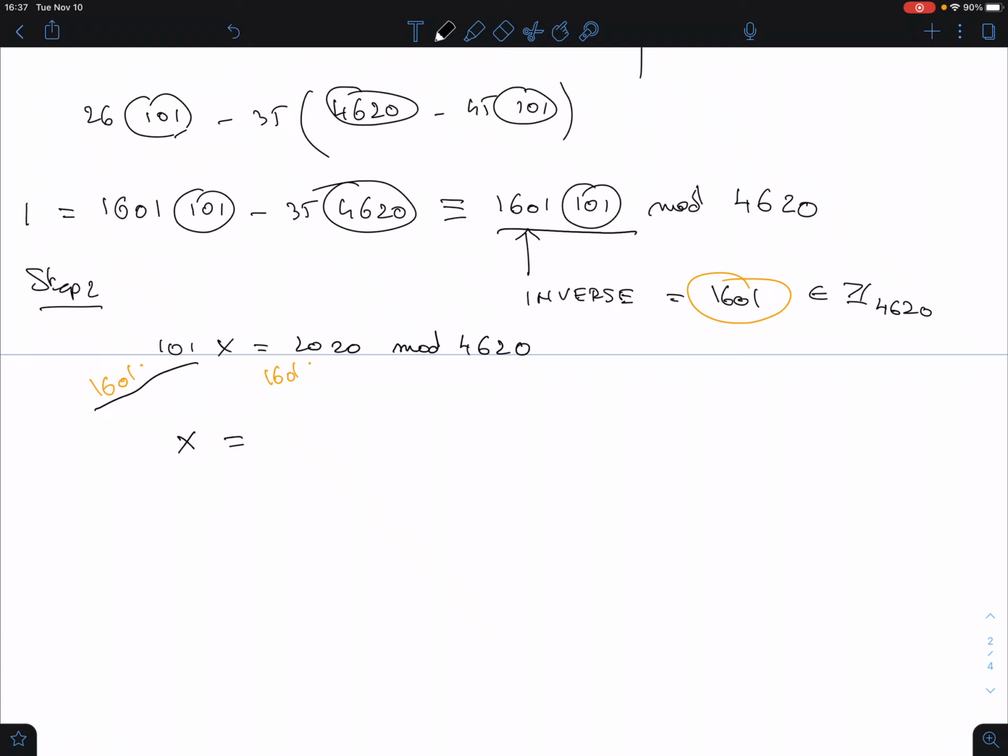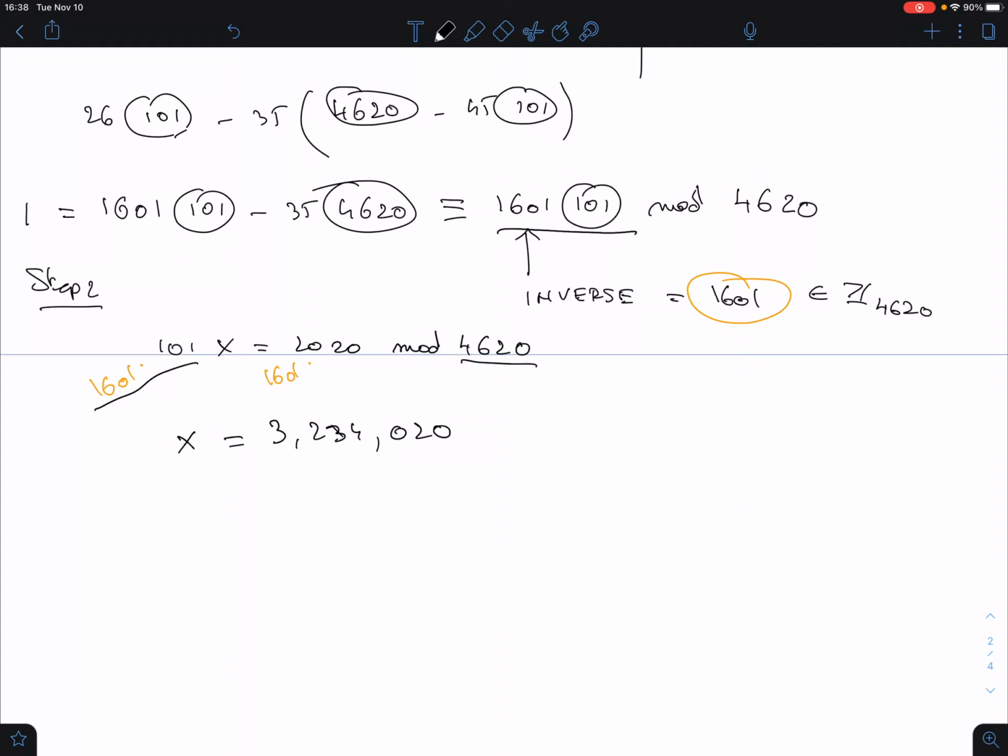So that is 1601 times 2020. Okay, I'll write this out for you, 3,234,020. That's an answer, but not a good answer because we need mod 4620.